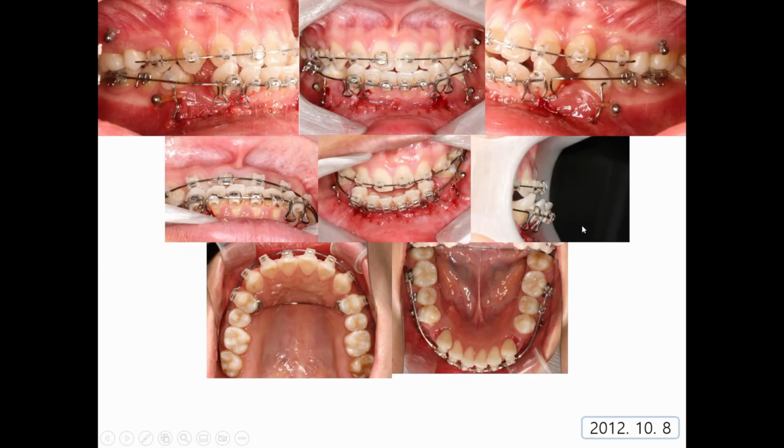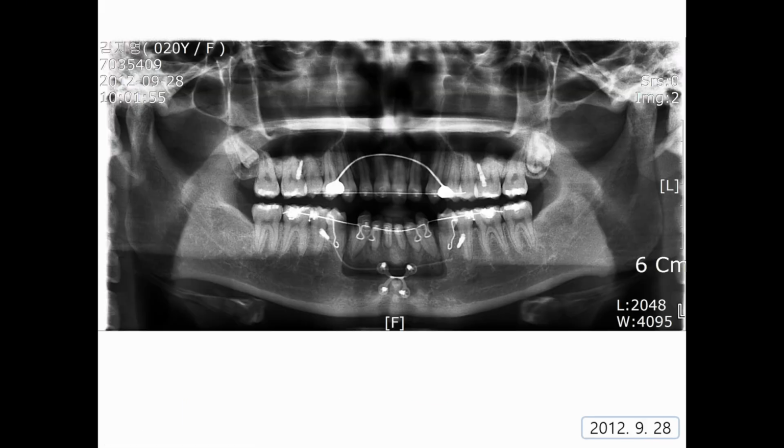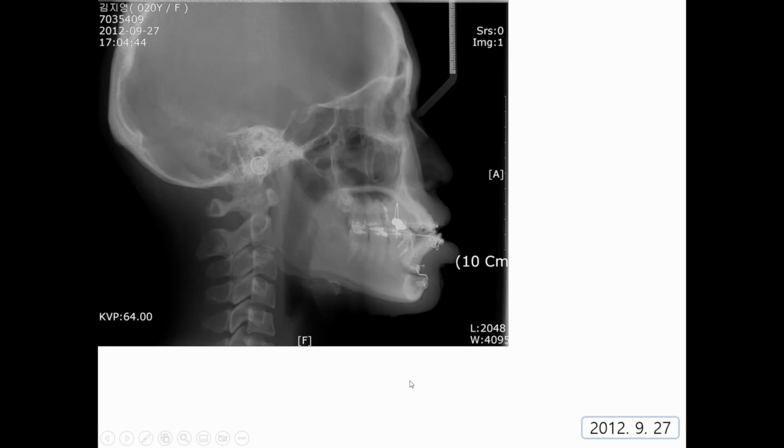I don't understand why this patient didn't have a sectional arch wire. But anyway, there is no sectional arch wire, just a retraction arch wire instead of ligation.